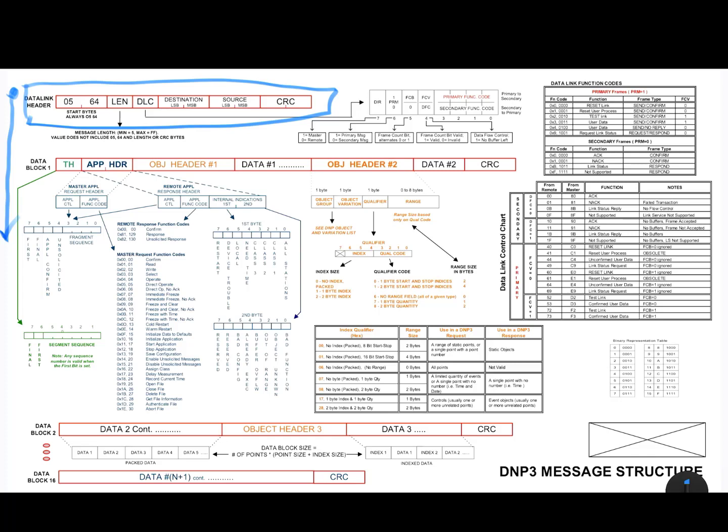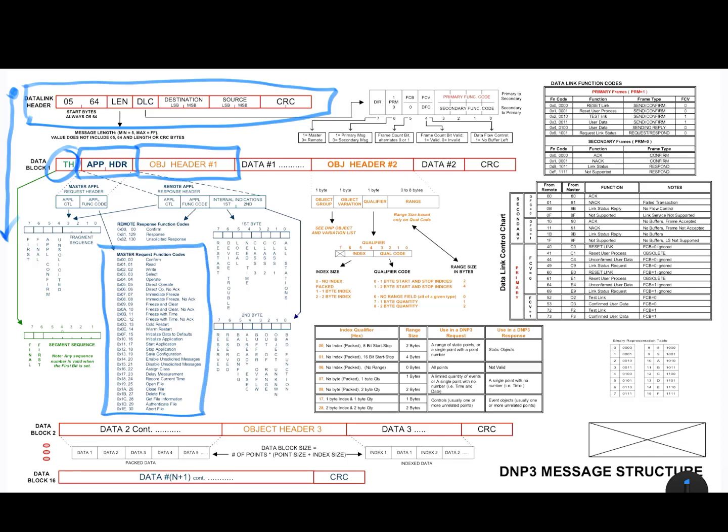Then you have to work your way farther through the breakout sheet to get down to the transport header, the application header, and essentially the objects that you'd be looking up in your object library to find out specifically the type of data that's looking to be written or read, or to freeze that point, or to directly operate that point, or things of that nature, which is all in the function codes from the master.